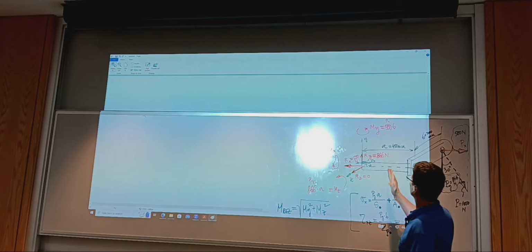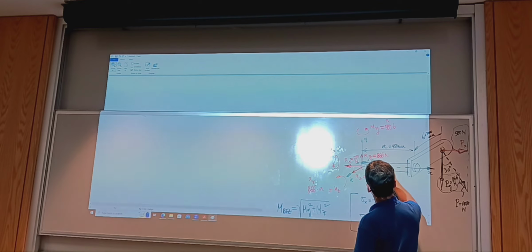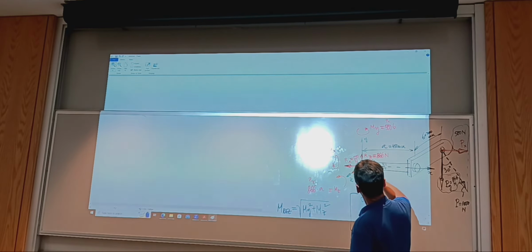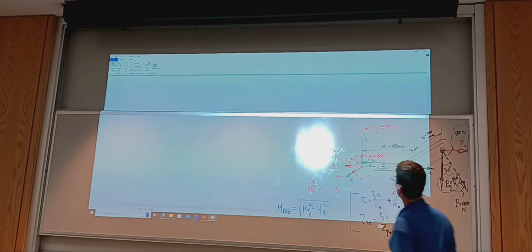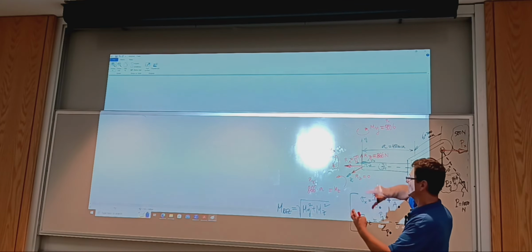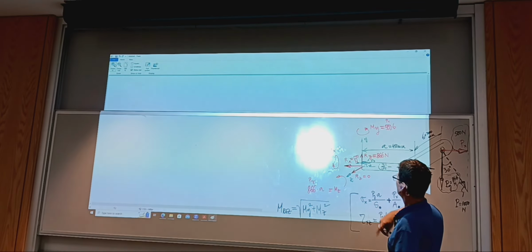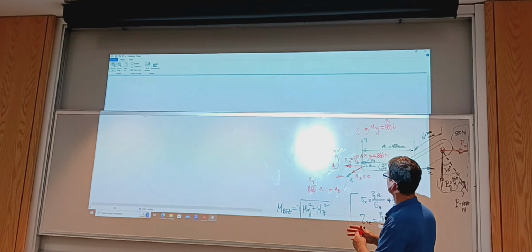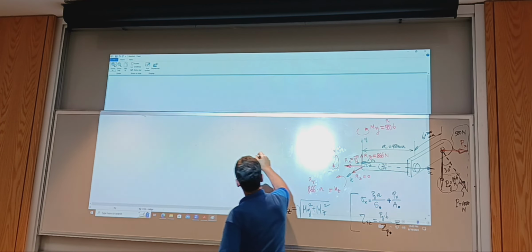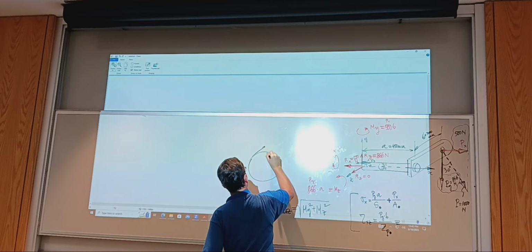The tensile stress over the cross section due to axial load is the same everywhere. The bending stress is maximum here at the support. And then shear stress caused by twisting is tangential to the outer skin of the bar.